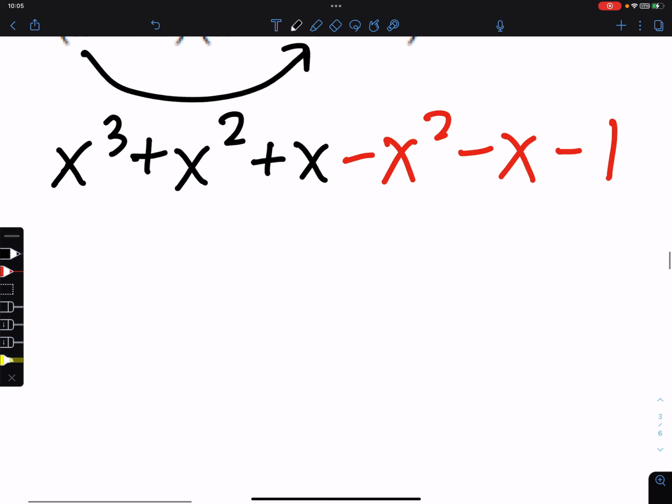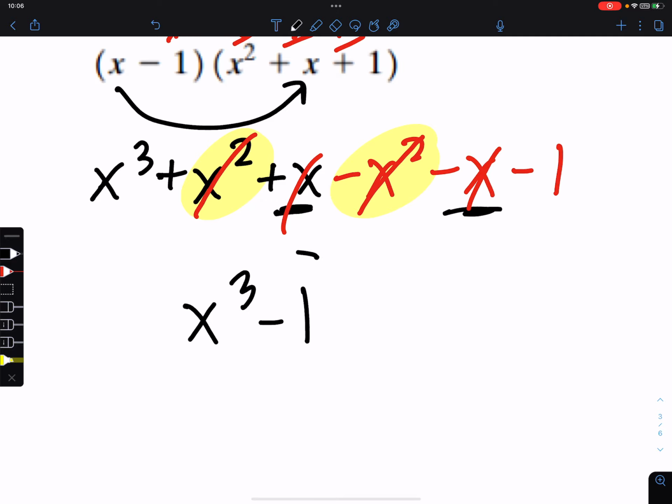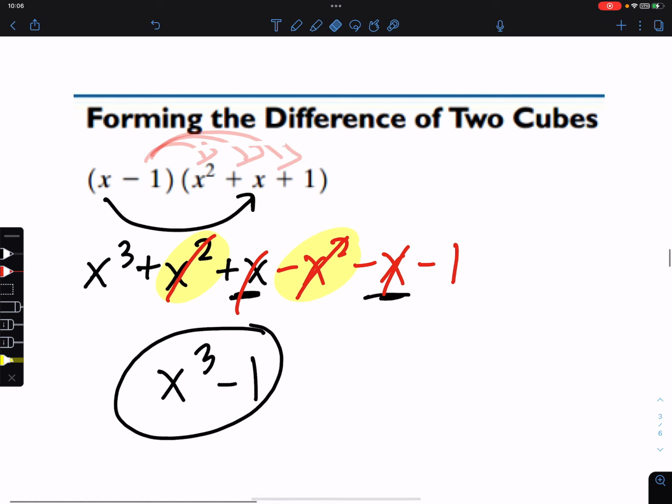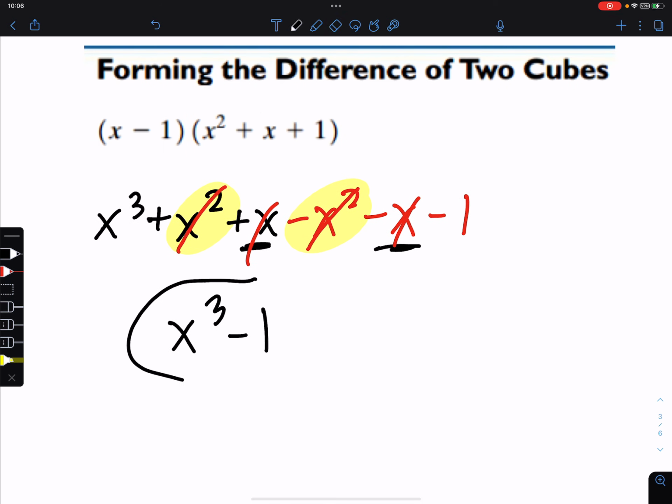Okay, add combined terms, and notice how this term and this term, they cancel. Similarly, this term and this term, they cancel. So we're just left with x cubed minus 1. Okay, and note how this multiplication gave us the difference of two cubes.